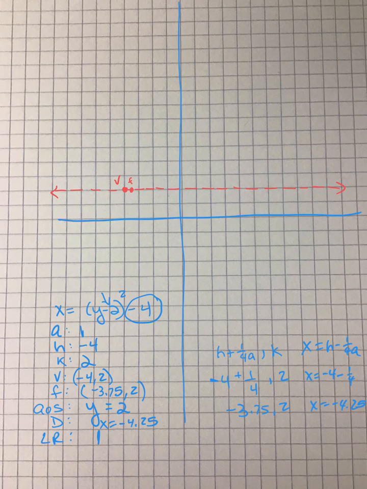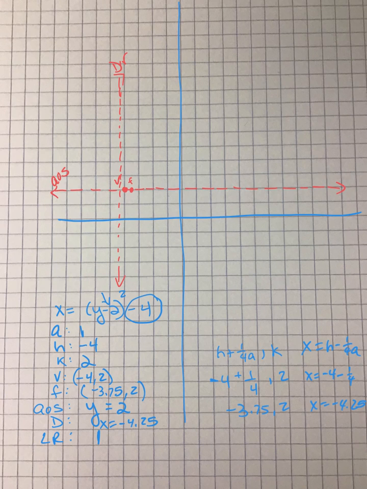So now we look at the directrix. The directrix is also a line, and it's x equals -4.25. It's right here. This is the directrix. This is the axis of symmetry. Now let's look at the latus rectum. What we do is we go to our focus. And if you think of the latus rectum as being like the axle on your car that connects the two tires, well, it's going to be kind of like the line that connects where the parabola is going to go.